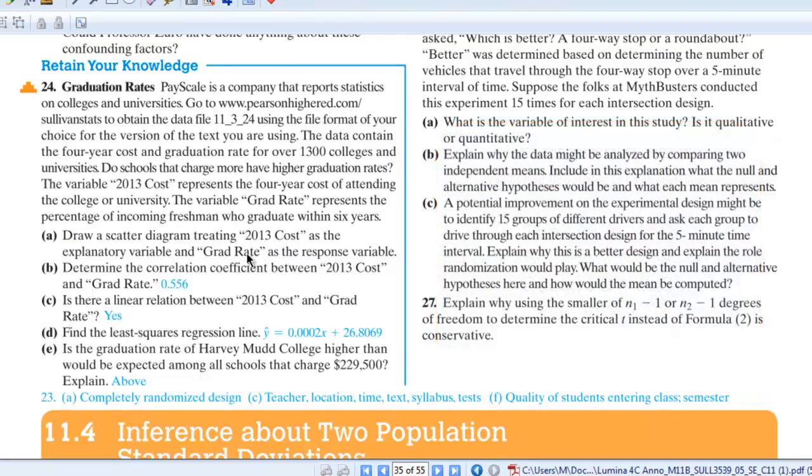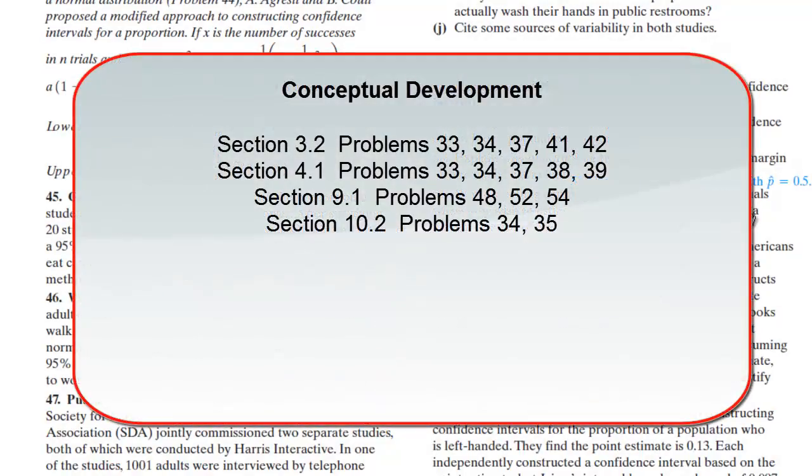The American Statistical Association continues to encourage instructors to develop conceptual understanding. A concerted effort was made to expand interesting data and research that allows students to see the power of statistics and develop conceptual understanding. I ask you to look in section 4.1, problems 33, 34, 37, 38, or 39, or in section 9.1, problems 48, 52, or 54.